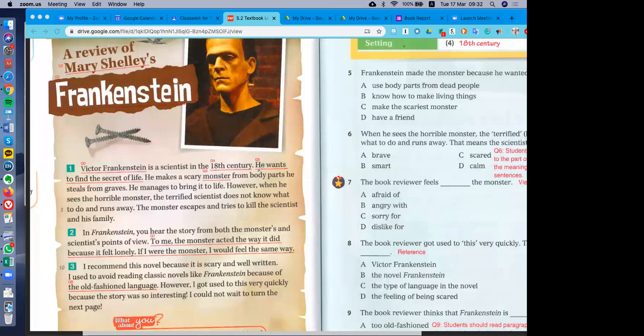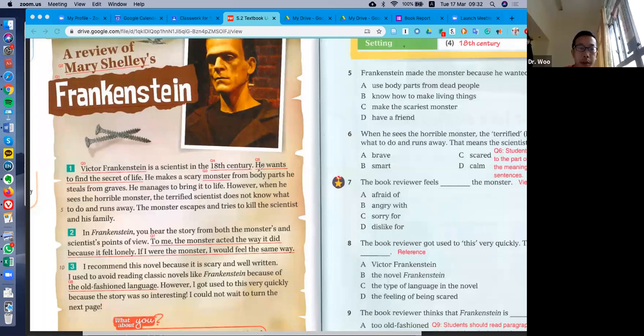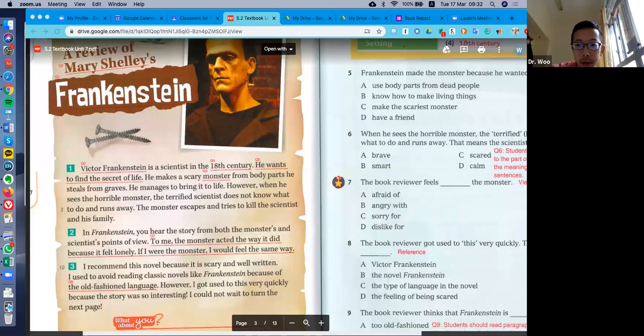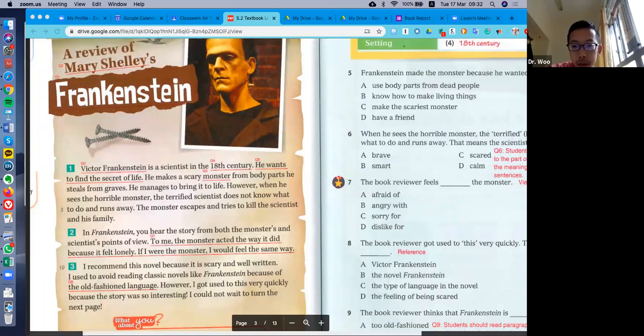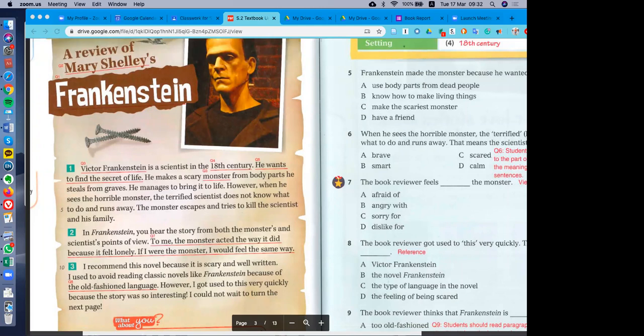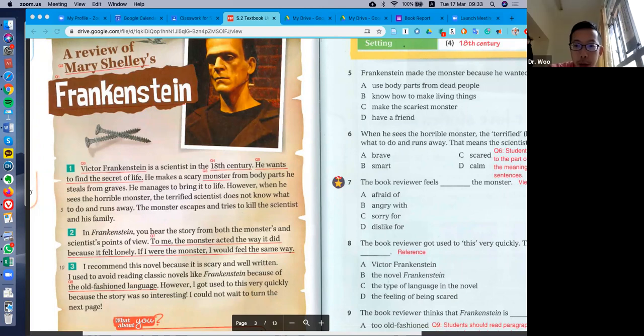How many letters in the word? 2 letters. What type of word is it? 2-letter pronoun. Good. Yes.